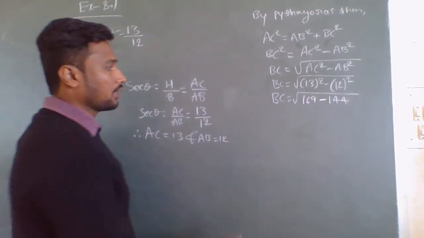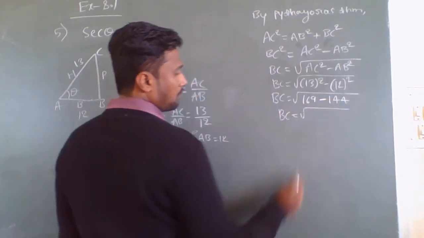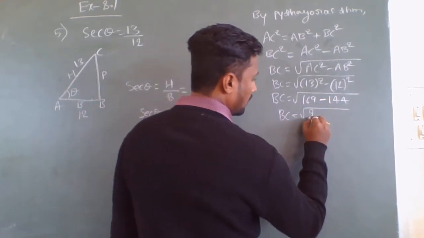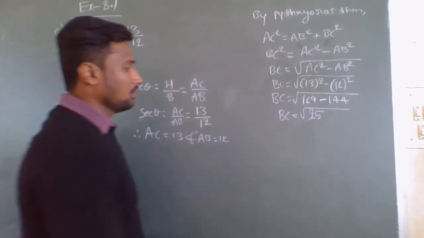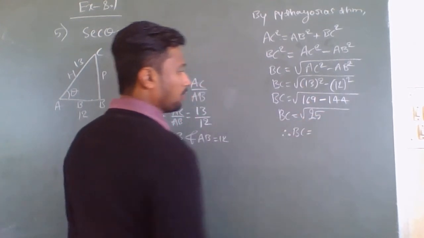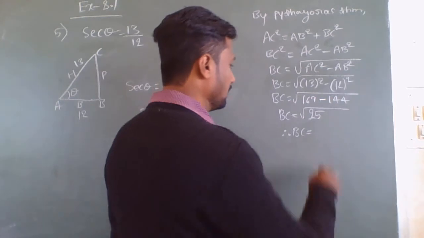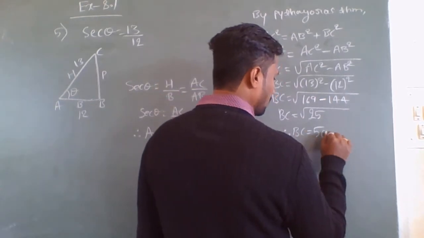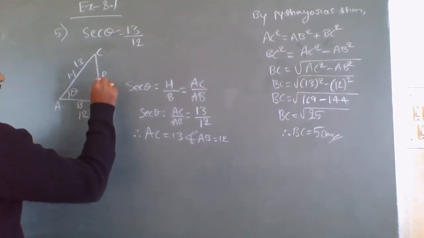So now we calculate the length of BC. 169 minus 144 is 25. Therefore BC is equal to square root of 25, which is 5 centimeters. Now we got the length of BC.